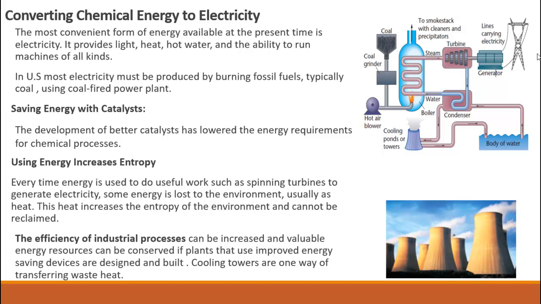Efficiency means the amount of work that can be obtained from the process compared to the amount that must go into it. Because we have some energy lost to the environment, not all of the chemical reaction's energy is converted into useful work.